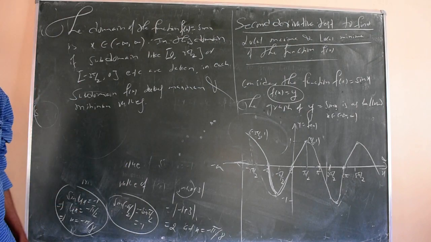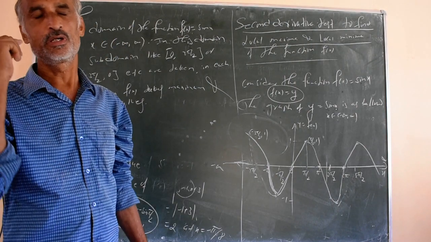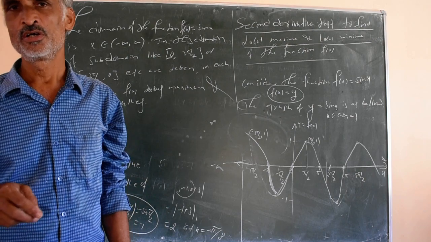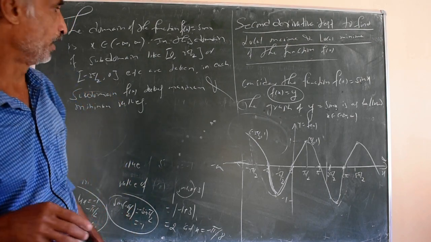These are all called, therefore the maximum and minimum values in the subdomain of a function is called local maxima and local minima.